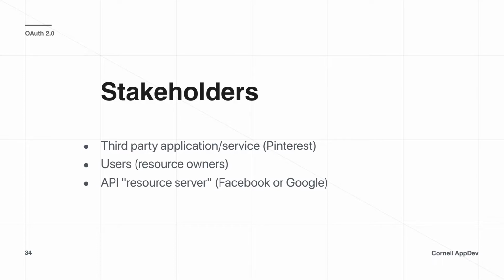Users are called resource owners because you can think of users as owning the Facebook account, owning the data associated with the Facebook account. And then Facebook or Google is a resource server because they are going to be providing Pinterest with some of the users' data.